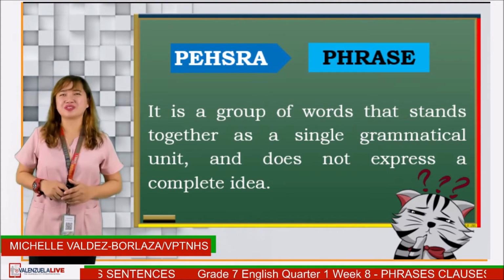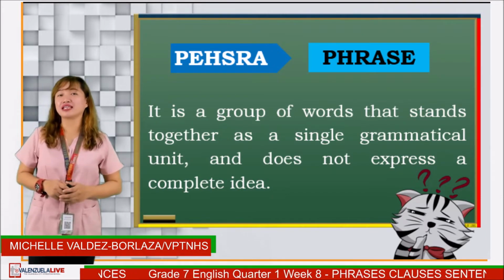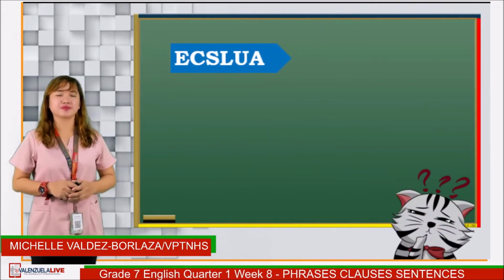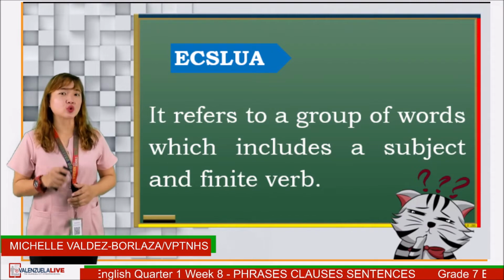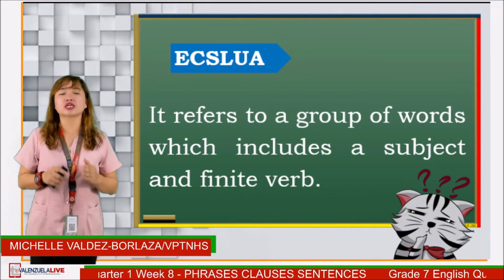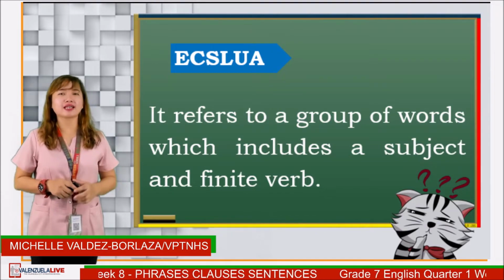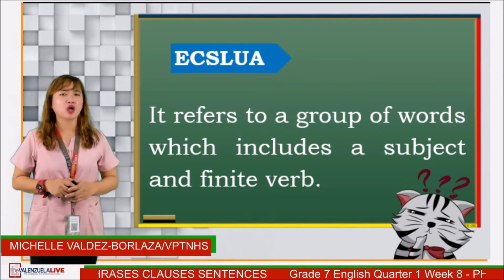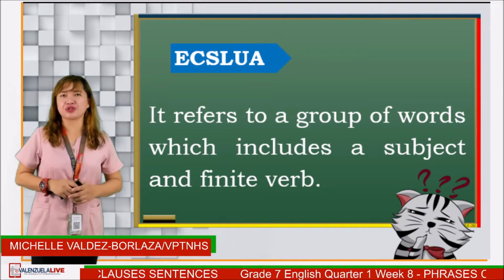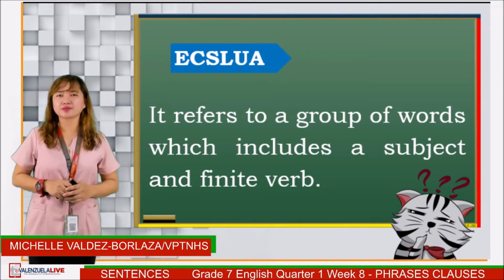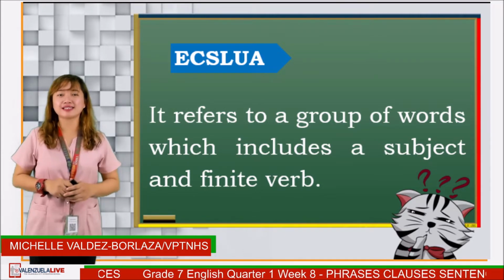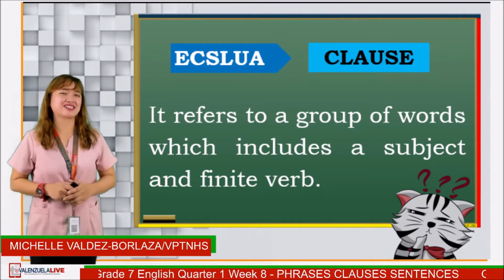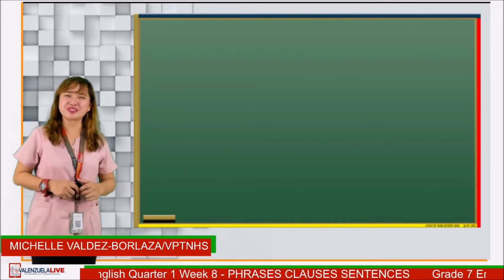Good job, learners. Let's now have the last one. Refers to a group of words which includes a subject and a finite verb. What do you think is the answer, learners? It is a clause. Great job, learners.